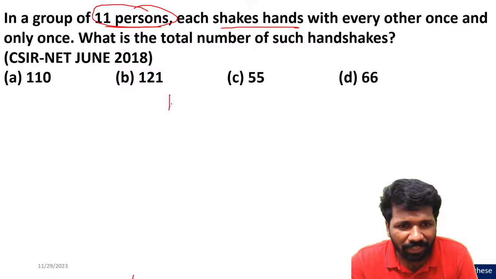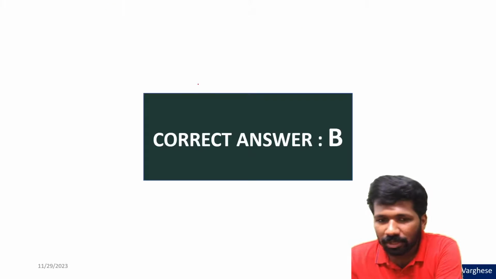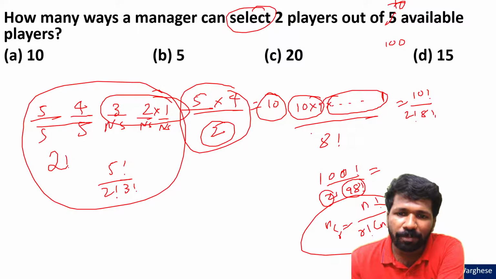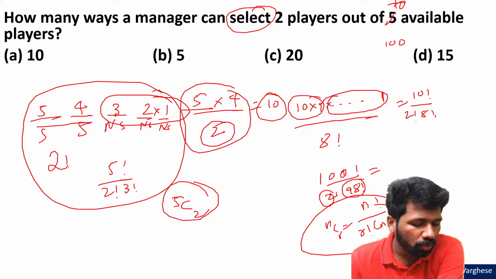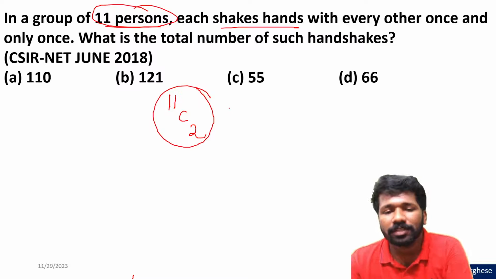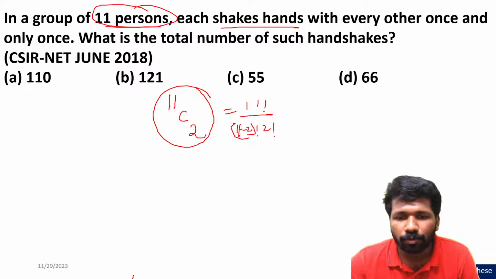From 11 things, you need to select 2 things. That is when 11C2 should be used. Compare it with the previous idea I told you: from 5 people, when you want to select 2 people, 5C2 should be used. Same way, from 11 people, you need to select 2 people. And this is what? 11 factorial divided by (11 minus 2) factorial into 2 factorial.